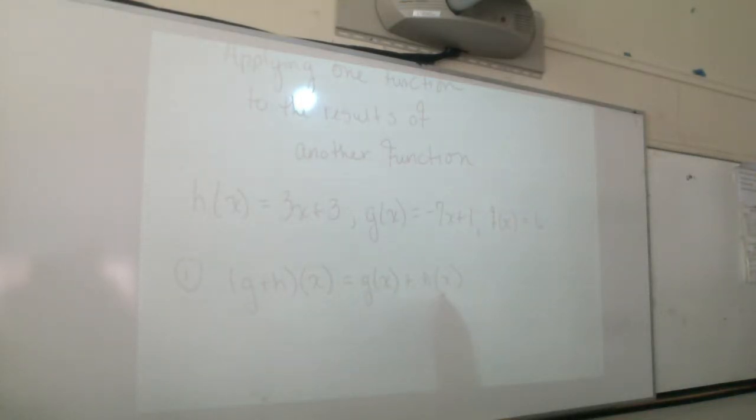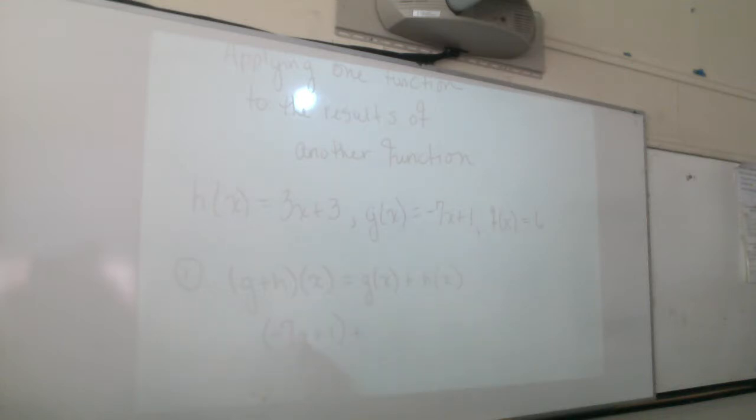Now I'm writing it like this just to show you. You don't necessarily have to write it out again. I'm just showing you we're going to take this g function and then add the h function. So I'm going to keep it in parentheses. You don't necessarily have to. That's just something that I get into the habit of doing.